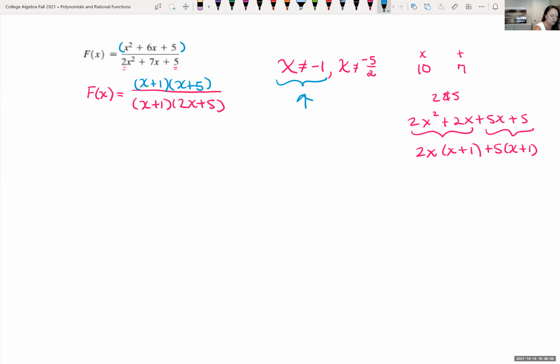This is going to be an open circle. x equals negative 5 halves just sets the denominator equal to 0, so we have a vertical asymptote at x equals negative 2.5.